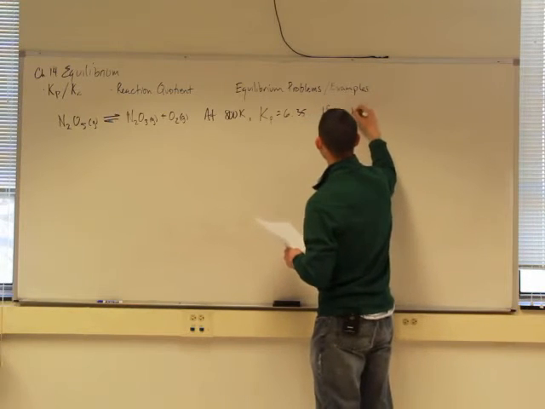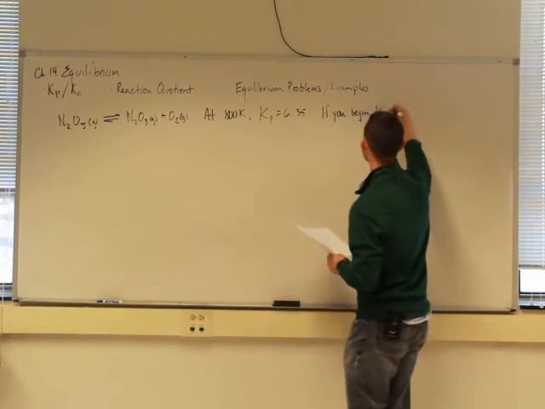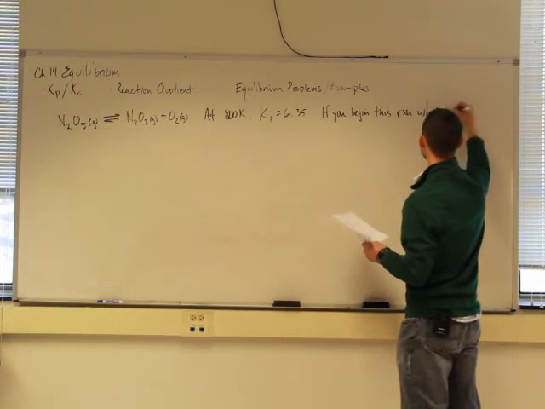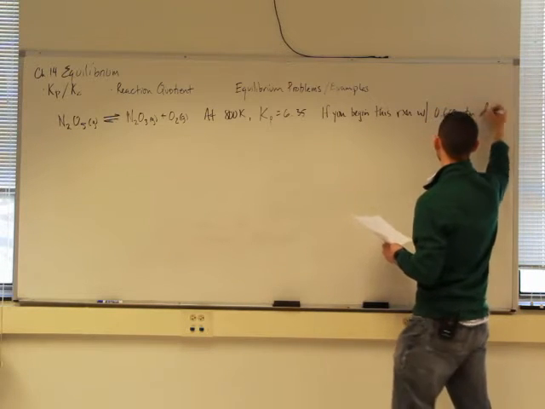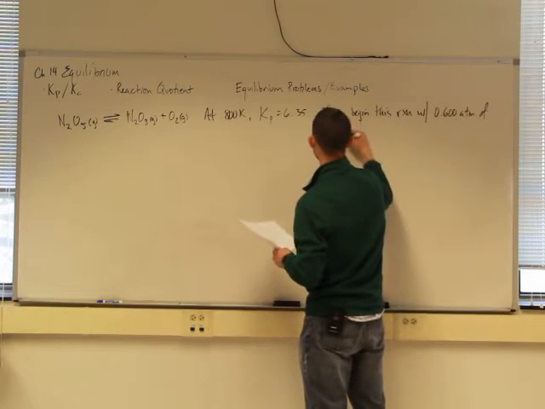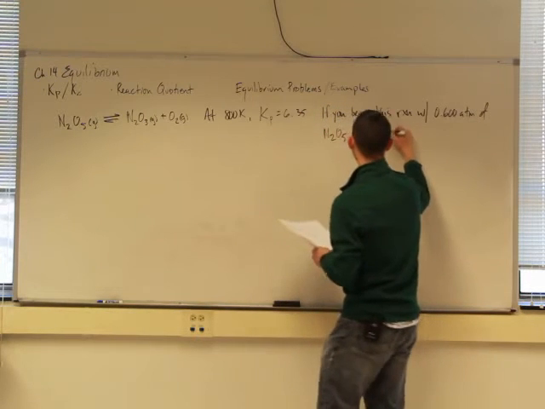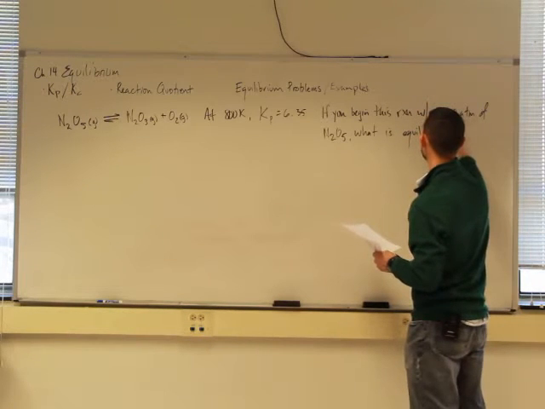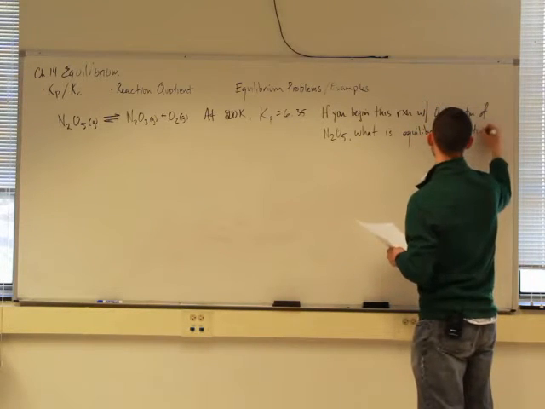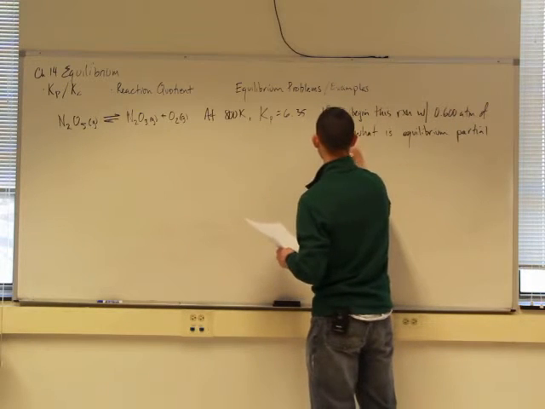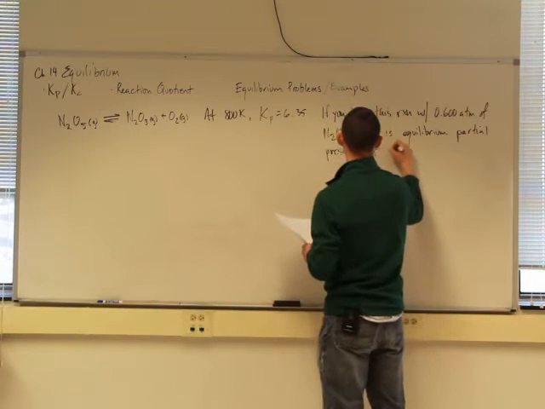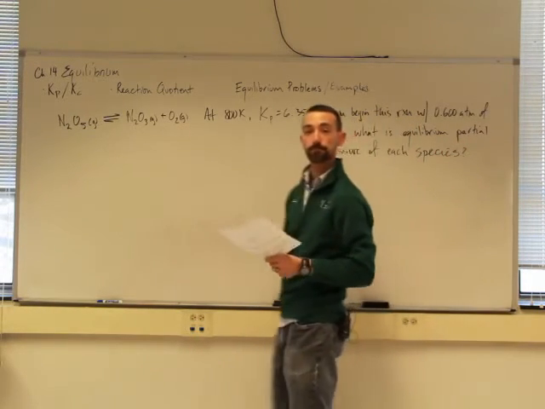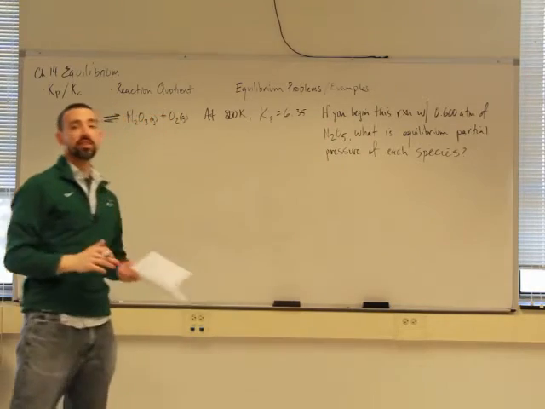If you begin this reaction with only 0.600 atmospheres of N2O5, what is the equilibrium partial pressure of each species? How much of everything are we going to have?